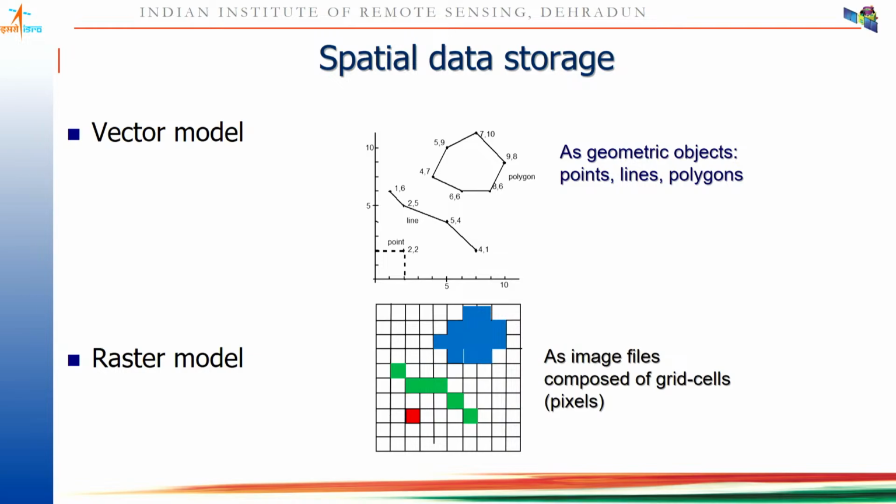And when we have a continuous surface like a temperature map, rainfall map, these do not have specific boundaries, or you cannot say that after this boundary the temperature will change. These are continuous data, like soil moisture. So here we use the raster data model. Depending on your data and your requirement, you can select the data model.